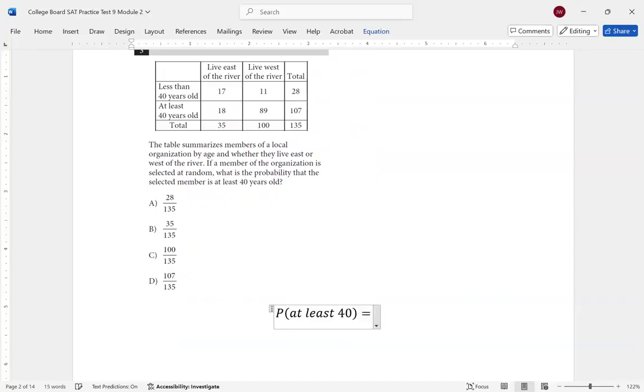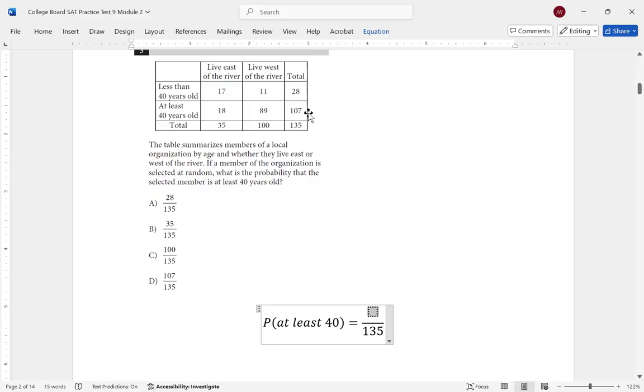So at least 40 years old, we can find that probability by taking, since we're selecting at random from the whole group, my denominator is going to be 135. That's the size of the group. The numerator is going to be the number of individuals who are at least 40.